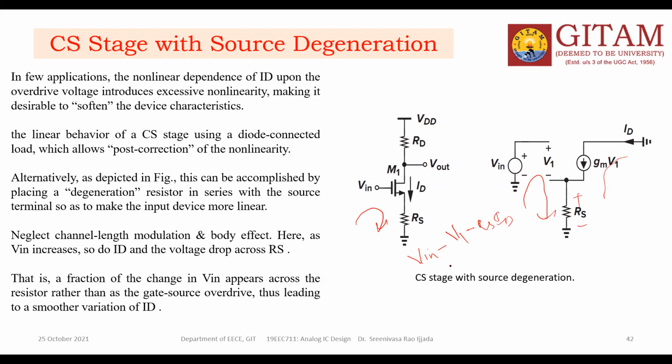So you can write Vin equals V1 plus RS times ID. Whenever Vin increases, ID increases, and the drop across RS increases. So from this you can say V1 increases, and the changes in Vin appear across the resistor RS.